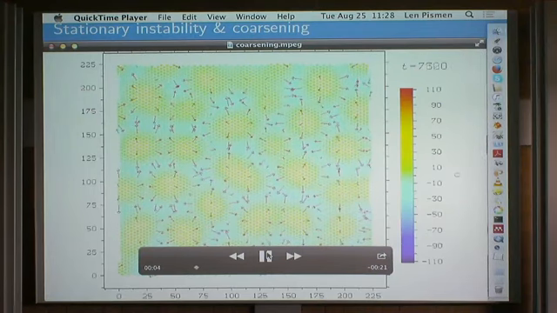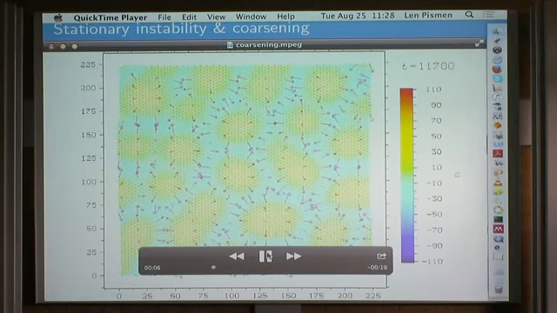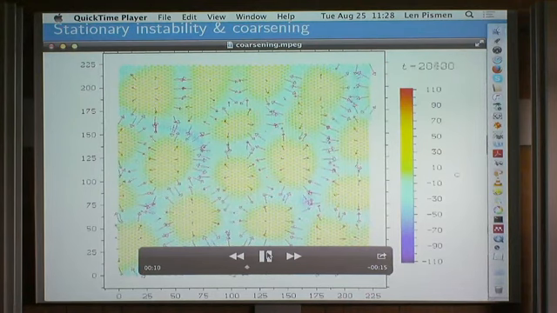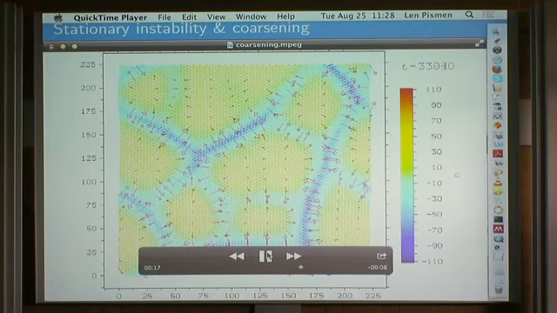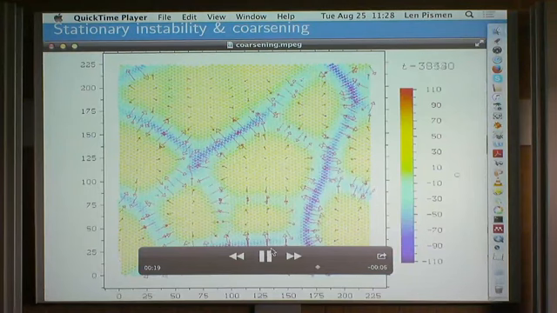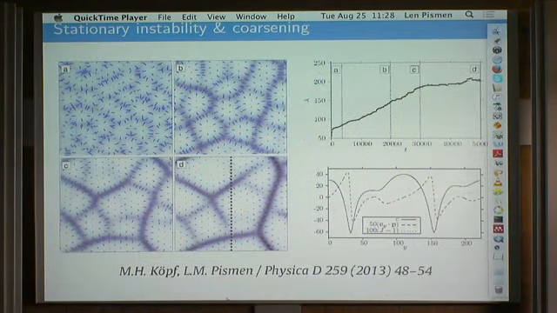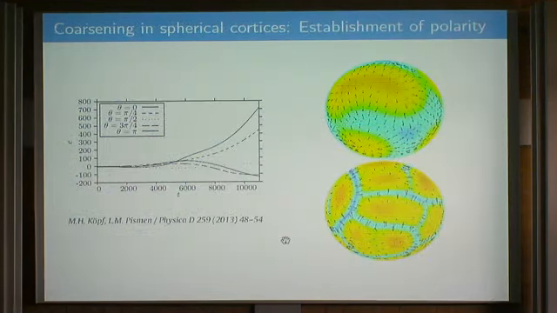Somehow it goes too slowly. And so eventually there will be only two domains.